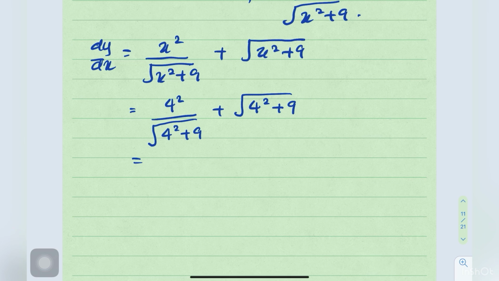This one is 16 over square root of (16 plus 9), 25, the square root is 5, plus 5. Okay, the answer is 41 over 5.